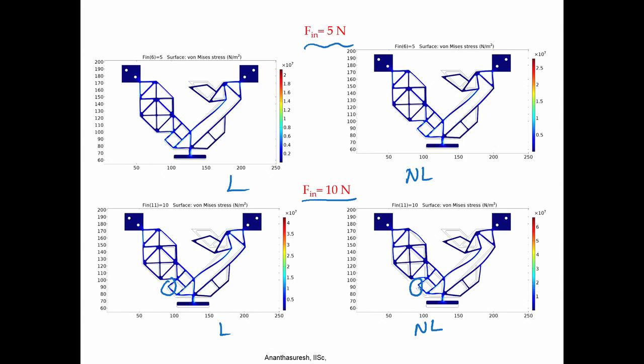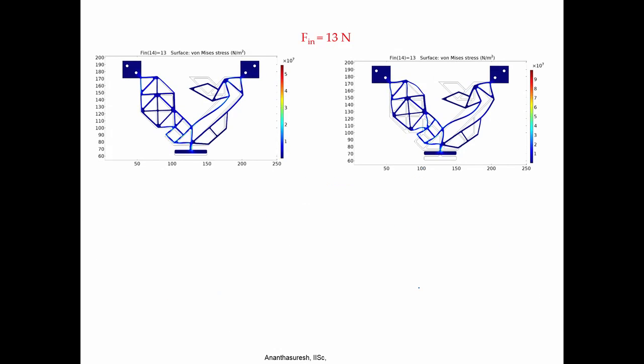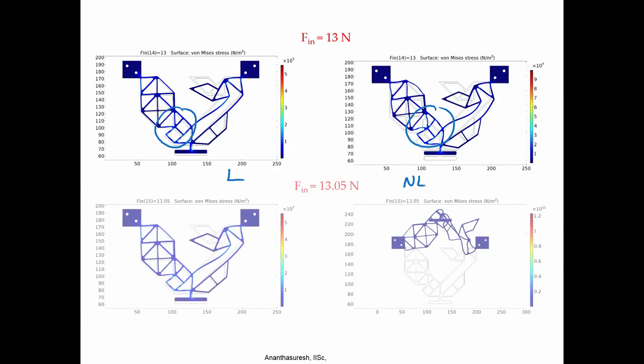But if we increase the force, let us say to 13 newtons, then especially in this region there are a lot more changes between linear and nonlinear. In this particular mechanism, if I go beyond 13 newtons, that is where this dramatic thing happens: linear does not show any catastrophe, whereas here, instead of coming down, it has started going up, and it is completely meaningless.